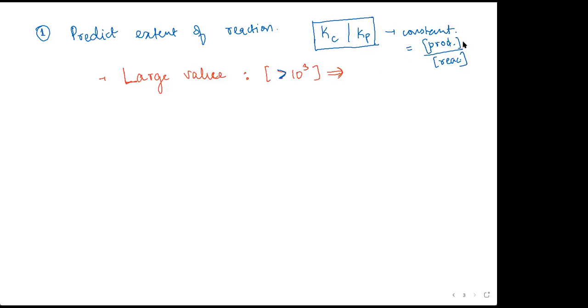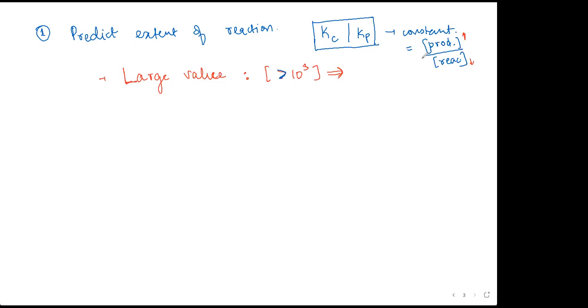Correct, that means the extent of the reaction will be such that a lot of products are formed and few reactants are left. Correct, exactly. So a large value of Kc means greater products and lesser reactants.